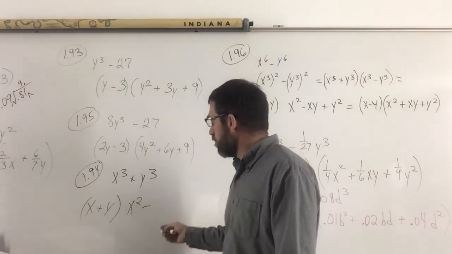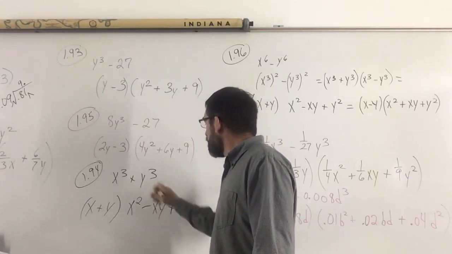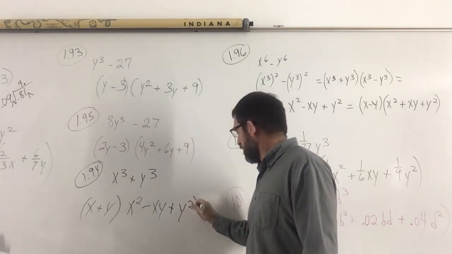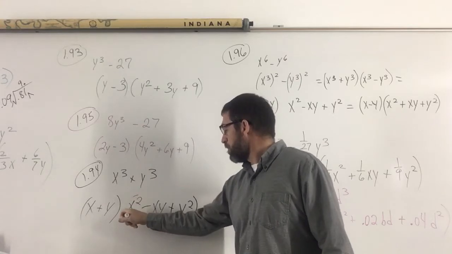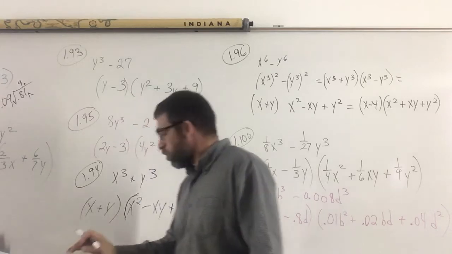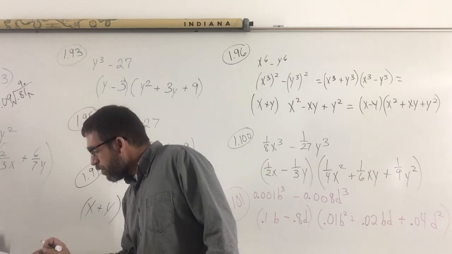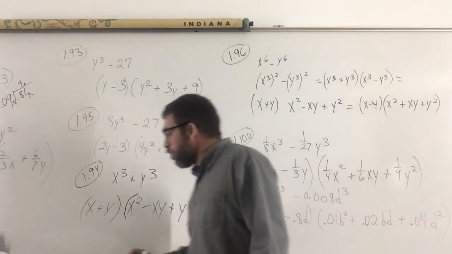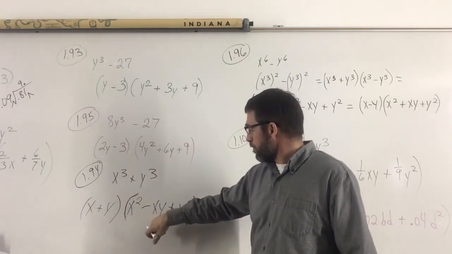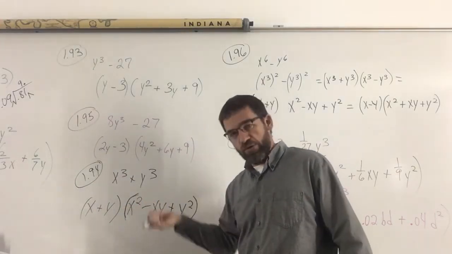So the next place is xy, and then you're going to have a positive, and you'll put your last term squared again, y squared. We did this earlier here in the book. I should check that to make sure. X plus y, x, 194, yes, xy plus y squared. Your center term, when you have a 3, you take one out and then you make a trinomial, a binomial, and a trinomial.